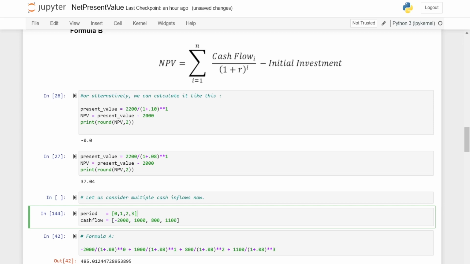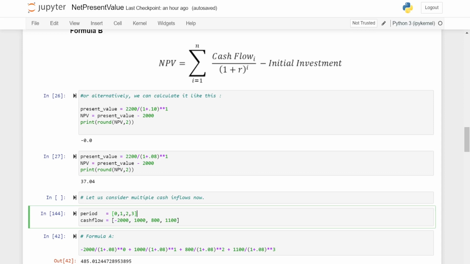After 1 year, the cash inflow is 1000. After 2 years, the cash inflow is 800 rupees. After 3 years, the cash inflow is 1100 rupees. So there are multiple cash inflows, and we have to calculate the net present value and see whether the project is going to be viable or not.